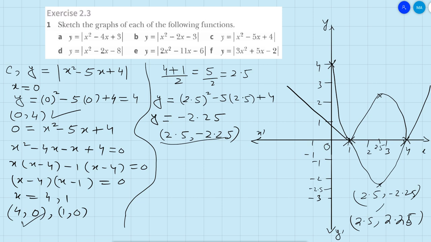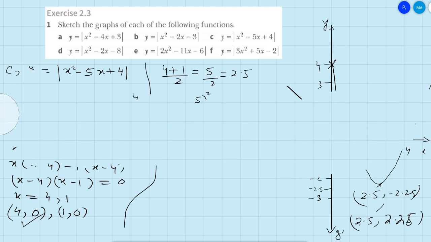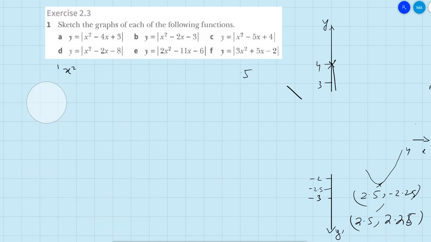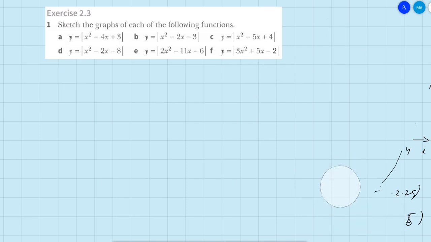Now come to part D. Part D is y equals x square minus 2x minus 8.